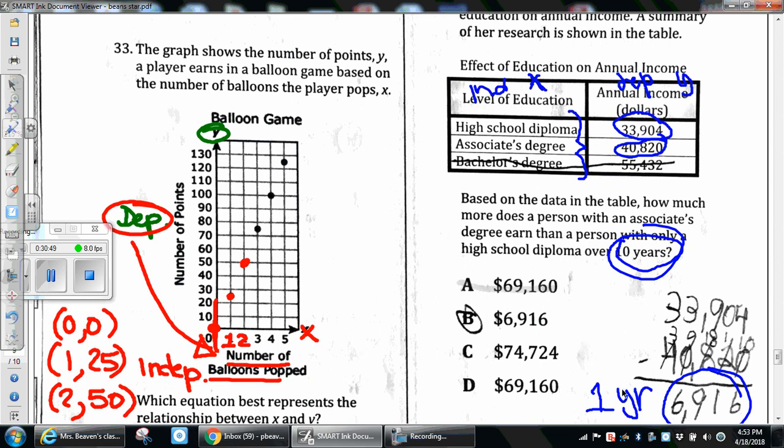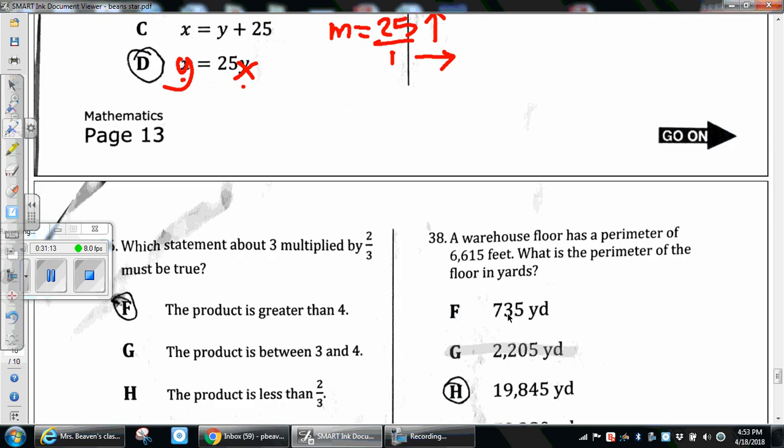Well, we should multiply this by 10. So 10, right? And that will give us this number with that extra 0 at the end. So in this case, you got it wrong because you only considered the difference of 1 year, but the question said 10 years. Okay, so moving on, we're almost done.